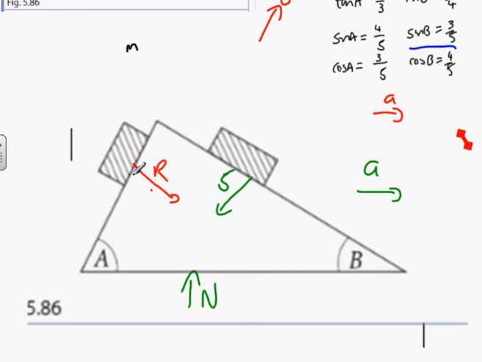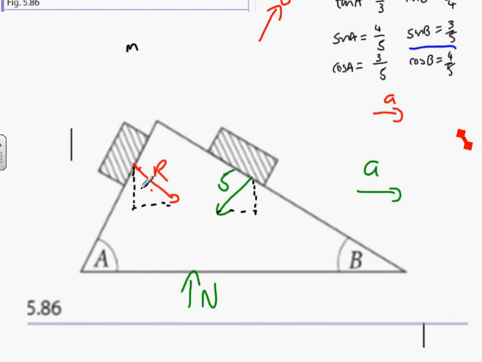Can anybody tell me what to do with R and S? What do we always do with the reaction forces? We break them down in directions that's understood by the acceleration. The acceleration goes directly to the right, which means that I'll only understand directly to the right or directly up and down. Okay?